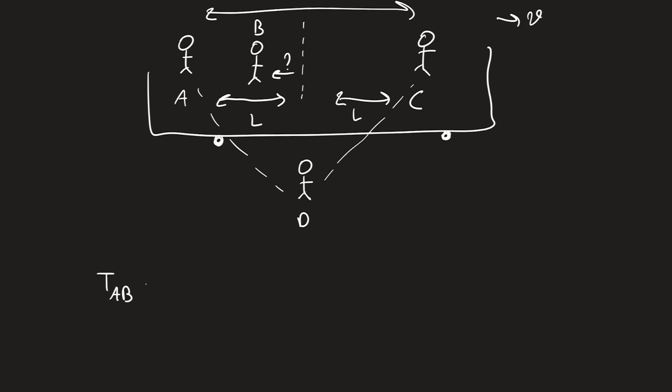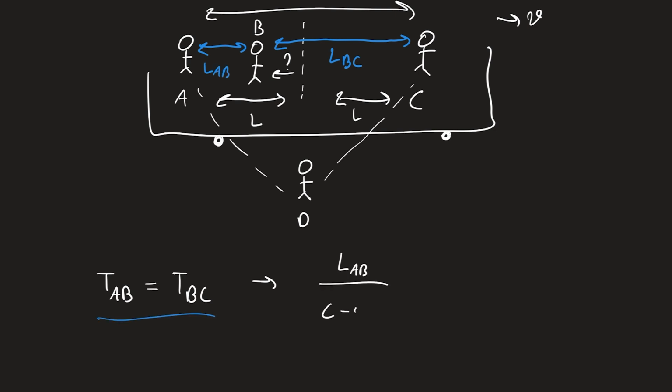So what we are trying to do is get the two time periods that we have found earlier, TAB and TBC, to now be equal. The velocities are the same, so we are doing that by changing the distances. They were previously just L and L. Now we can call them LAB and LBC.